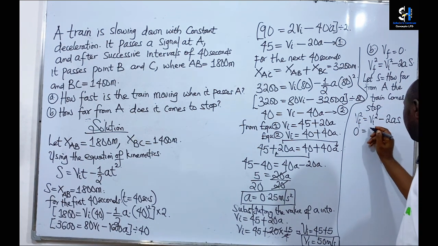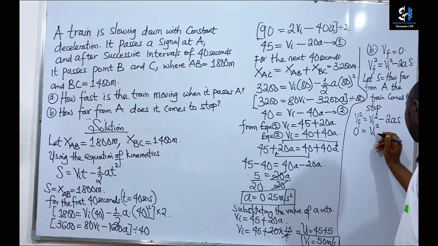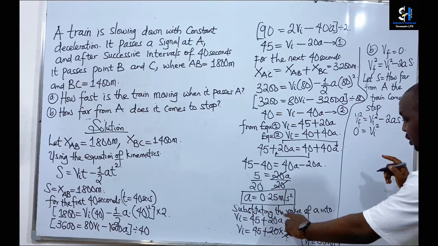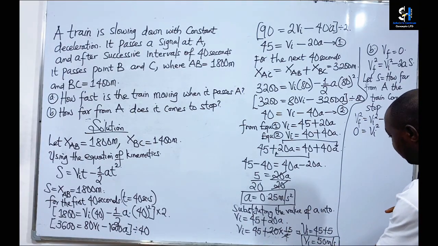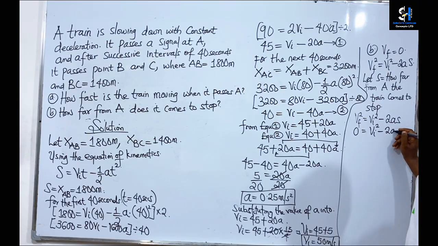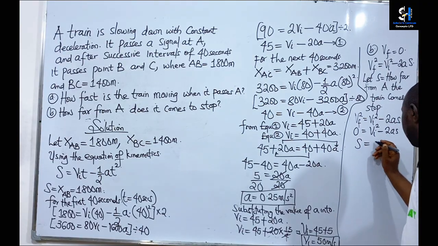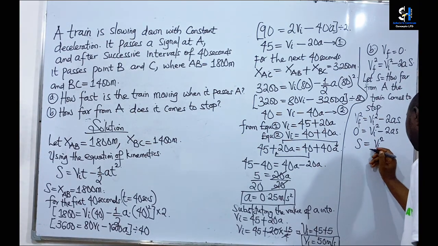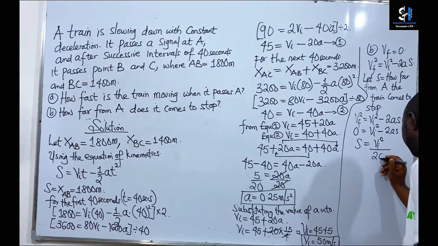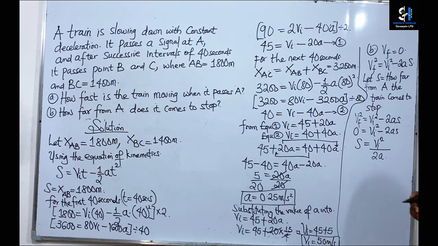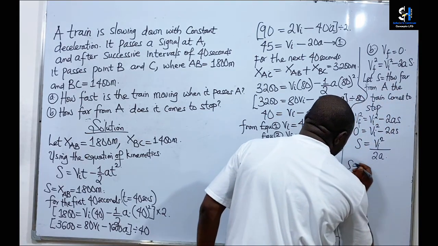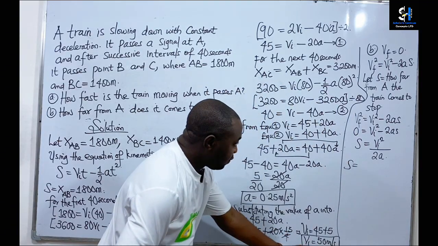So this is 0. So this will be the initial velocity squared, which is the value we calculated, minus 2as, so that s can be equal to the initial velocity squared divided by 2a.